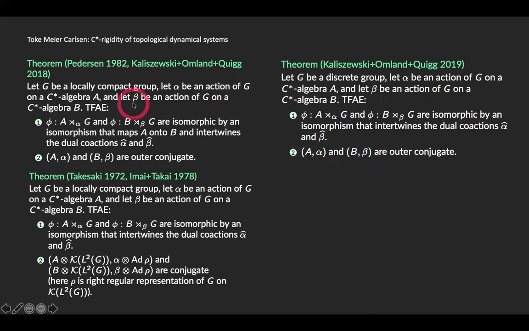So that's a strengthening of this result here, because in this case, when the group is discrete, you don't have to ask that the isomorphism takes A onto B.